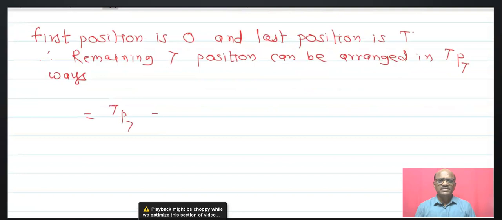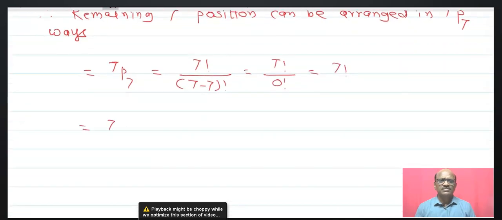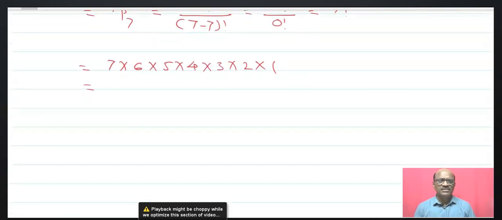Remaining 7 positions can be arranged in 7p7 ways. That is 7 factorial upon 7 minus 7 factorial. That is equals to 7 factorial upon 0. That is 7 factorial. That is equals to 7 into 6 into 5 into 4 into 3 into 2 into 1, and you can perform this multiplication. That is 5040.